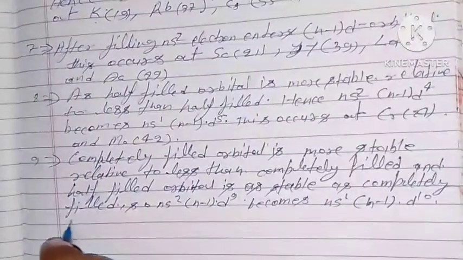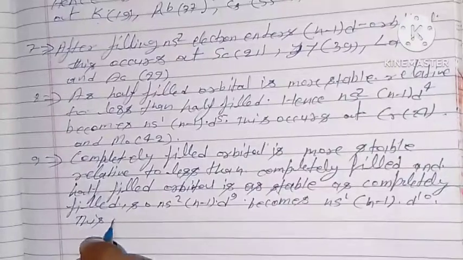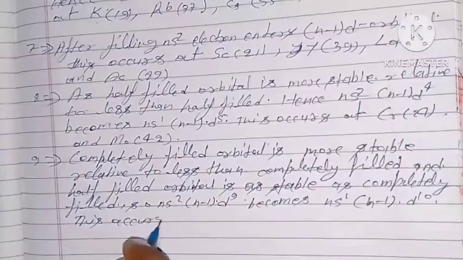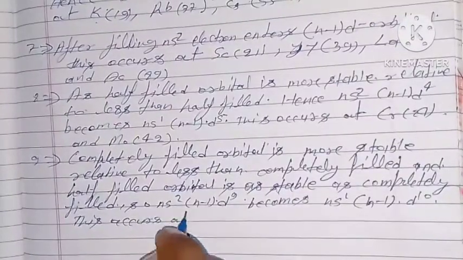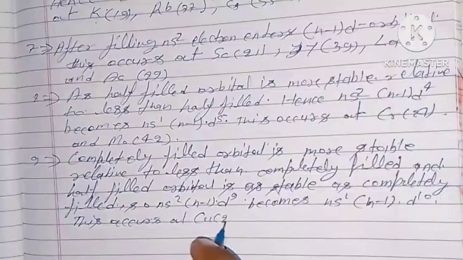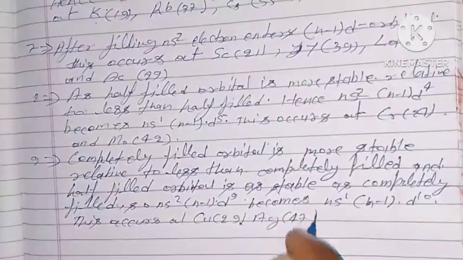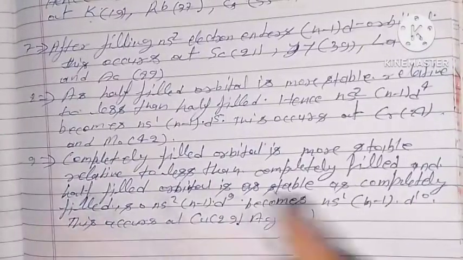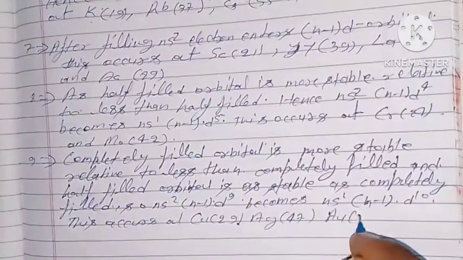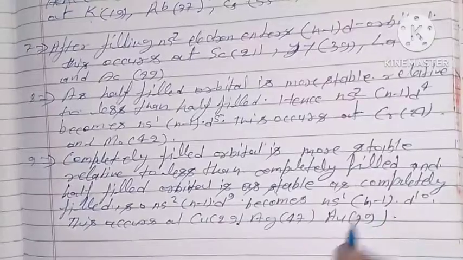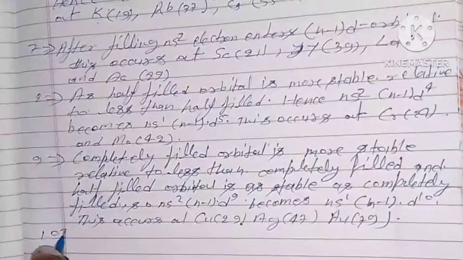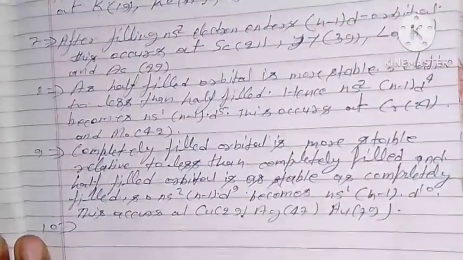This occurs at copper 29, Ag 47, and Au 79.